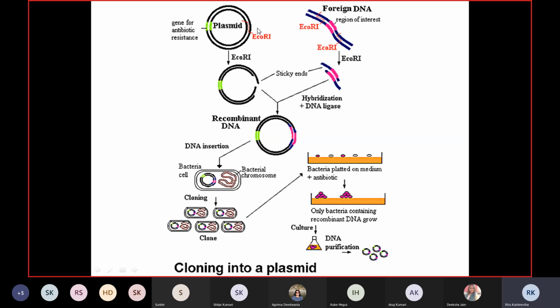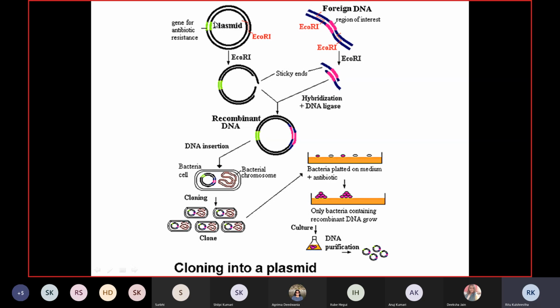That vector could be plasmid DNA or phage DNA. Why plasmid DNA and phage DNA? Because they both have the capacity to make more copies once they are inside bacteria. I'll tell you this point again, because you want more copies of it to be produced.